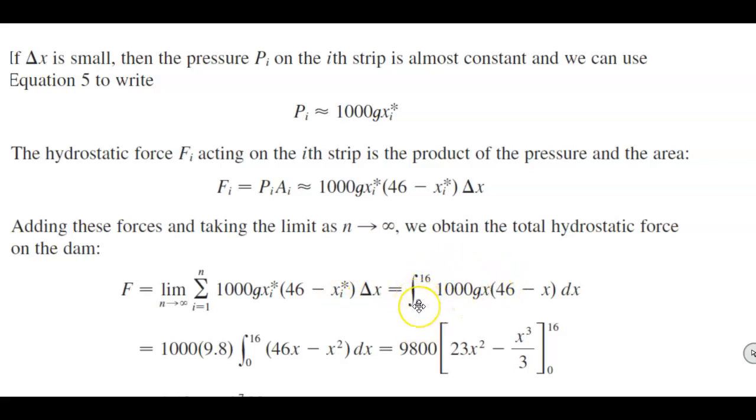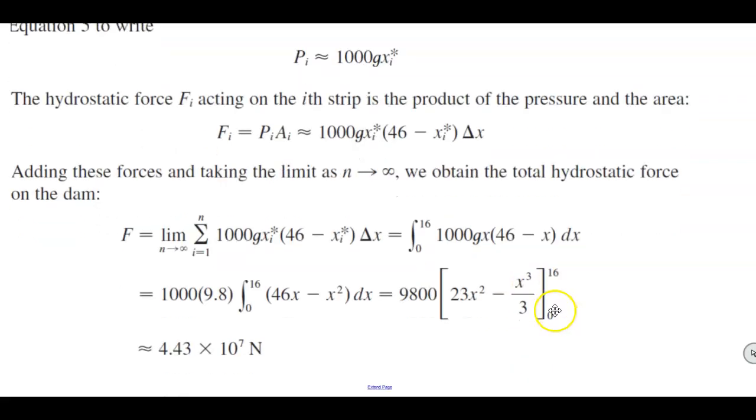So we're going from a lower limit of 0 to 16 of 1000 times gravity times x times 46 minus x dx. Now we can factor out the constant, which is 1000 times the gravity, 9.8, on the integral that goes from 0 to 16.